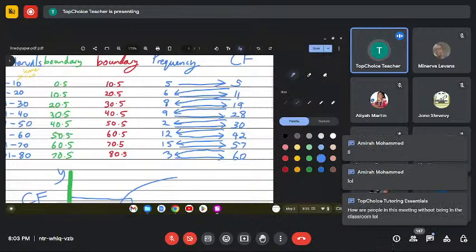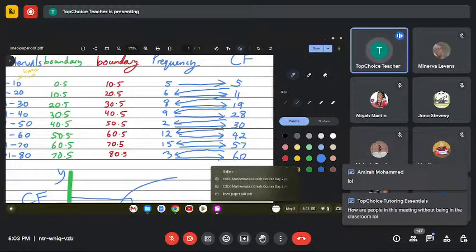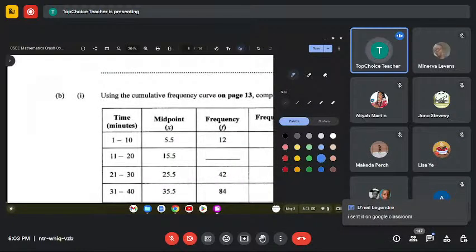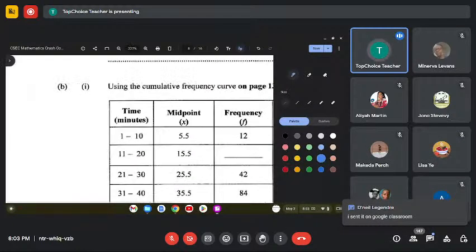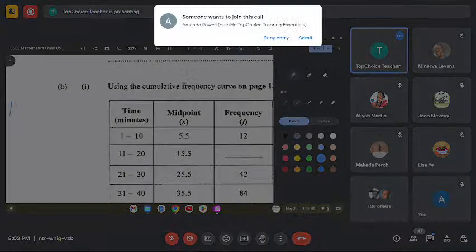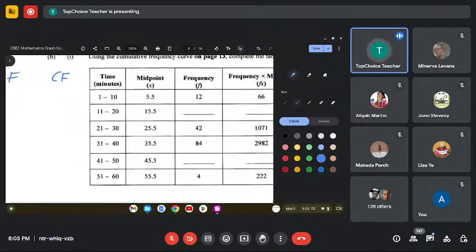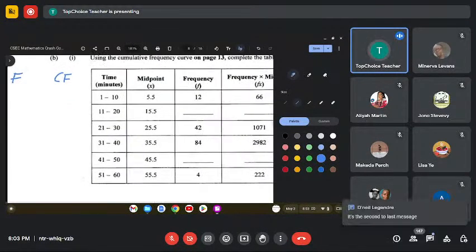So I'm going to draw one right next to this. I'm going to put my frequency as a column, and the cumulative frequency values that I get from the graph for each interval.